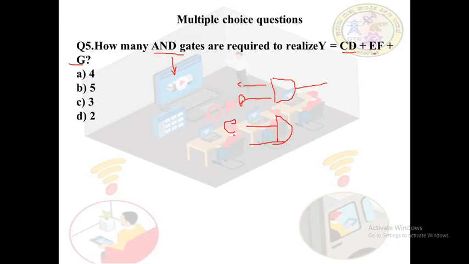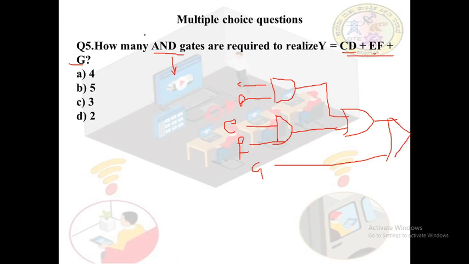So they both get ANDed together and finally we can have an OR gate in order to add them, and after adding these two we can take the input G and we can use one more OR gate in order to get this expression. So the number of AND gates used is 1 and 2. So option D is the right answer. It is enough to use 2 AND gates. Option D is the answer for the fifth question.